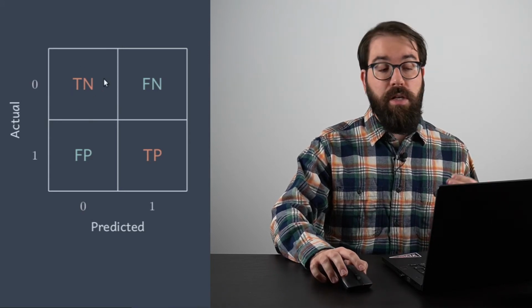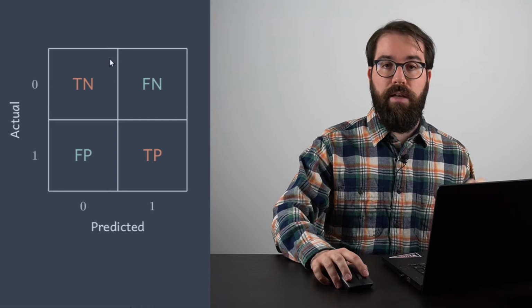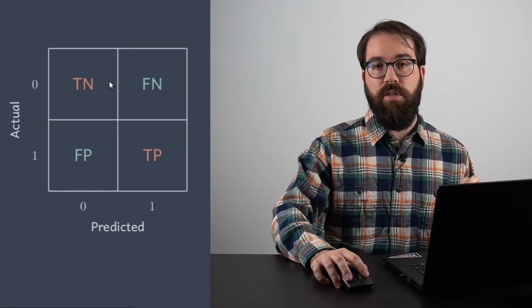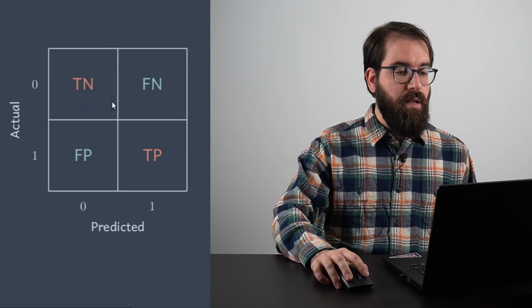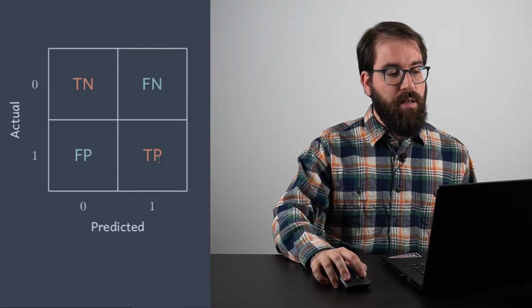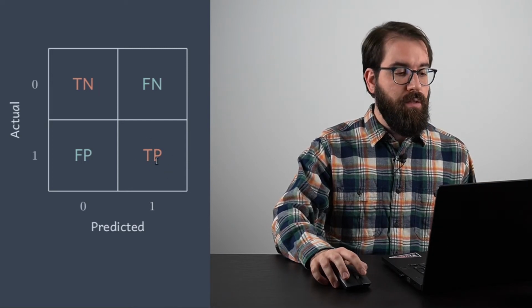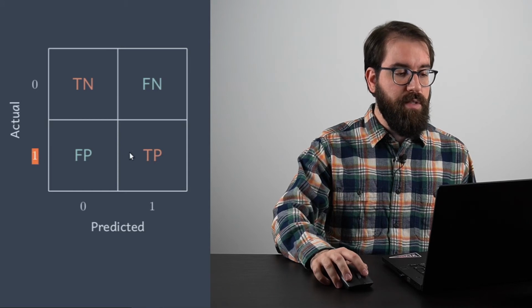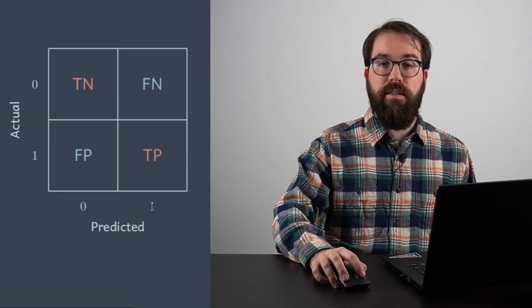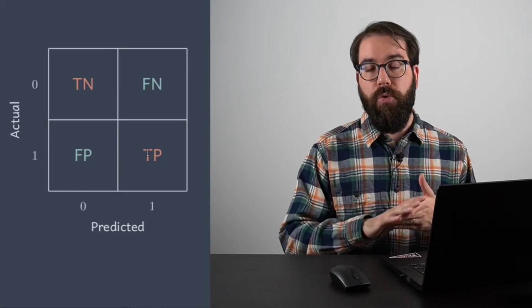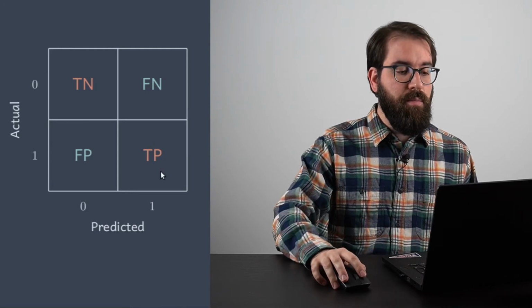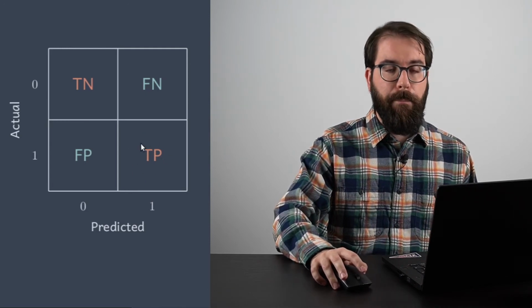And what you do is write on this square here in the matrix the number of true negatives. And on the other block here in the diagonal, you have actual positives, ones, and predicted positives. These are the true positives, and you write the number of true positives in this square.